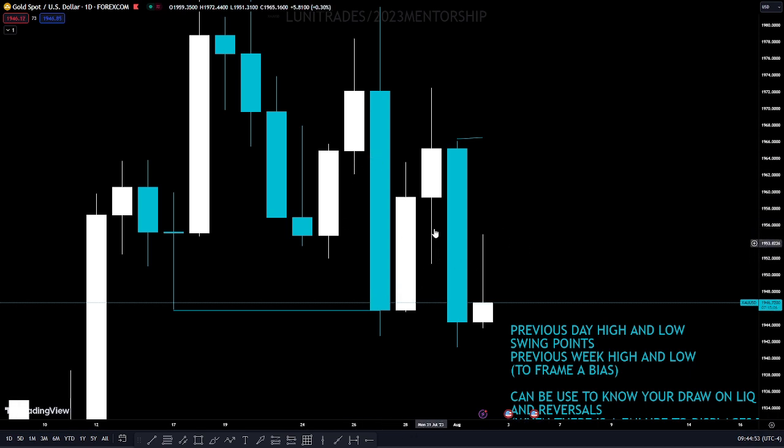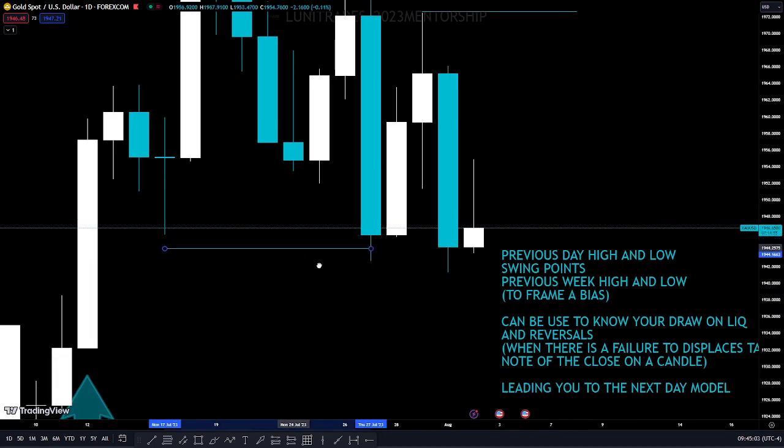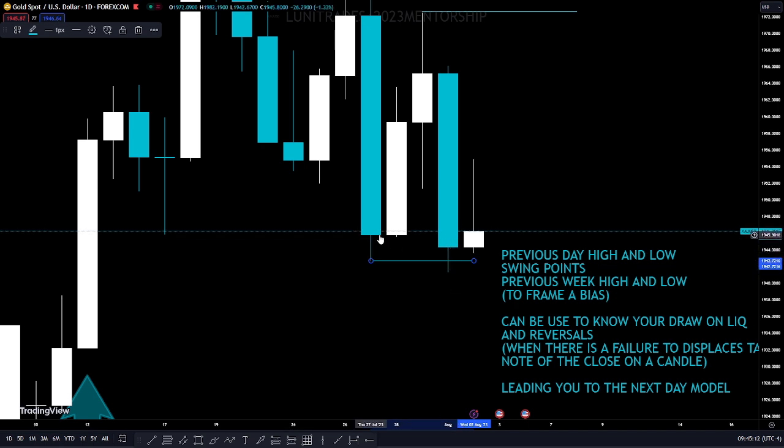So where is another swing point? We can also call this a swing point. This is also a swing point. And this candle here is also a swing point. So since this candle is also a swing point, you want to take note of these two. After price took it, where did price close?